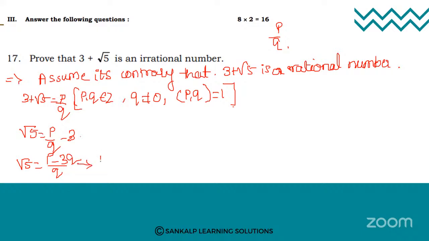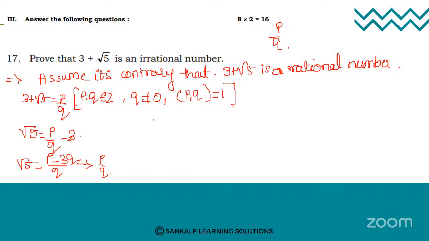Now this is in the form of p by q. Yes or no? That means this is a rational number. Why? Because it is in the form of p by q. But we know that this p by q number is equal to root 5. That means root 5 is a rational number, but root 5 is an irrational number.